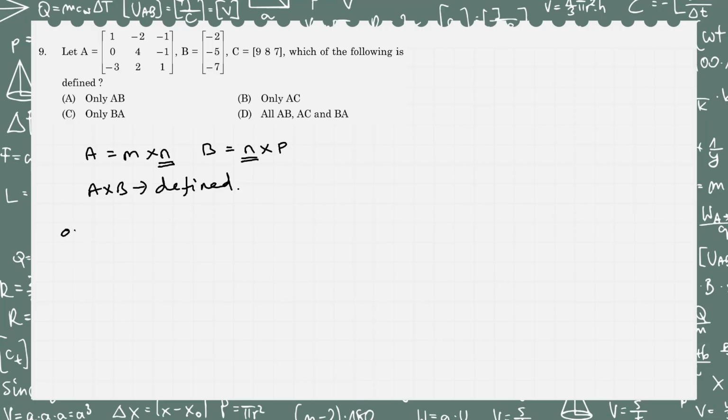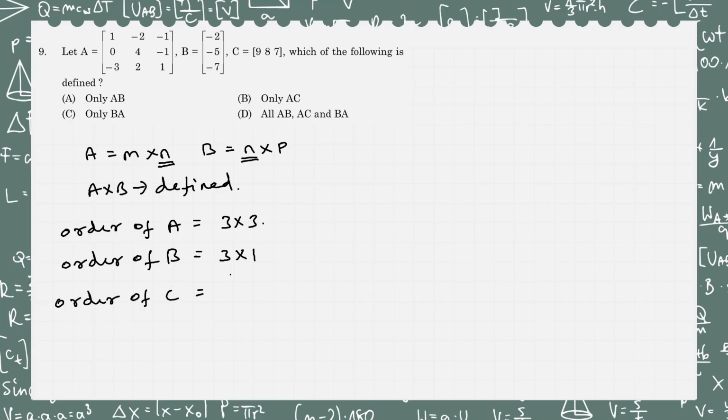So order of A matrix is 3 by 3 and order of matrix B is 3 by 1, 3 rows and 1 column, and order of matrix C is 1 by 3, 1 row and 3 columns. So when we find out A cross B, A is 3 by 3 and B is 3 by 1.